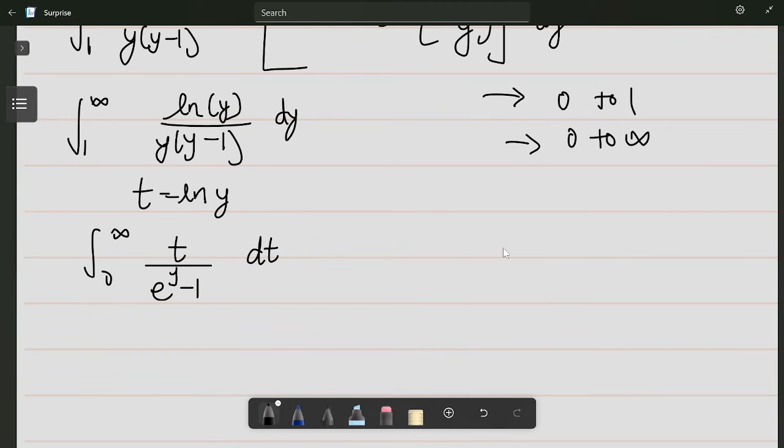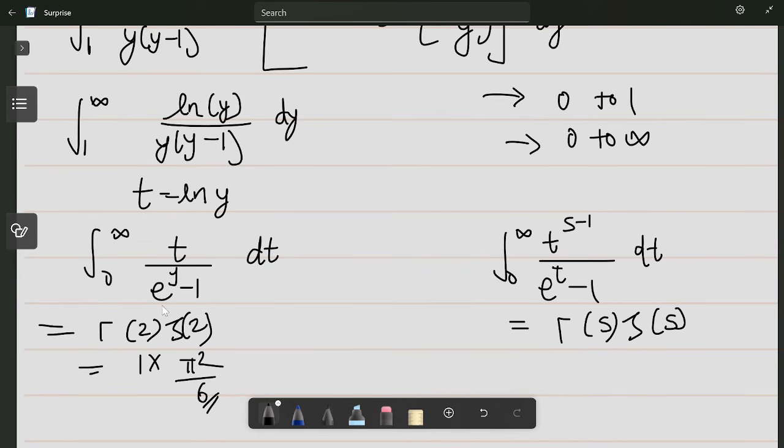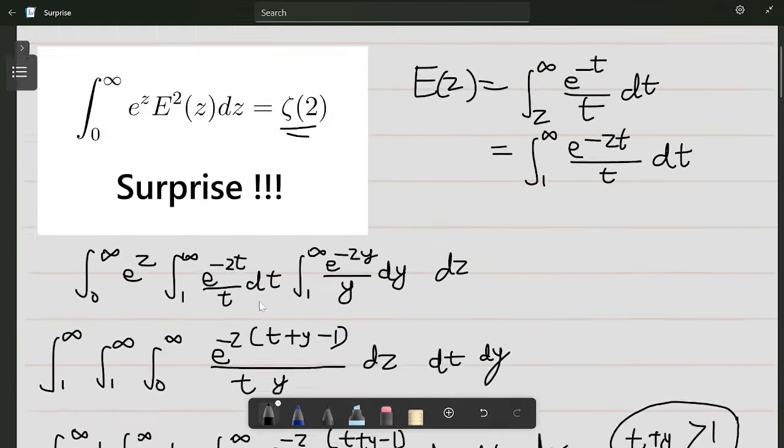Now you might know a standard integral, the integral from 0 to infinity of t to the power s minus 1 by (e to the power t minus 1) dt equals gamma of s zeta of s. If we use that, this is gamma of 2 zeta of 2. So this is 1 times pi square by 6, and that is the answer. Yeah, zeta of 2 is the answer.